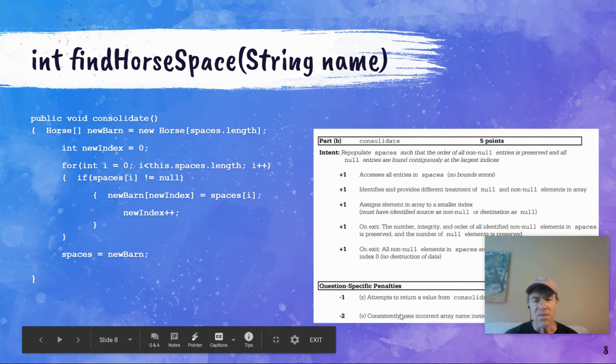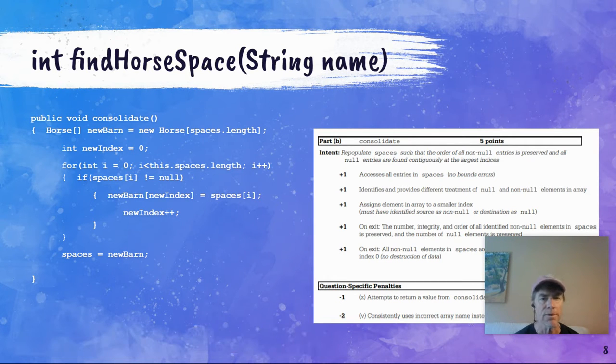But this one I think is incredibly severe. If you consistently use the incorrect name of the array, you don't call it spaces, you call it horses or barn or my array or any other name, that's a pretty casual error in my opinion, but a very harsh penalty: 2 points off. That's a lot.